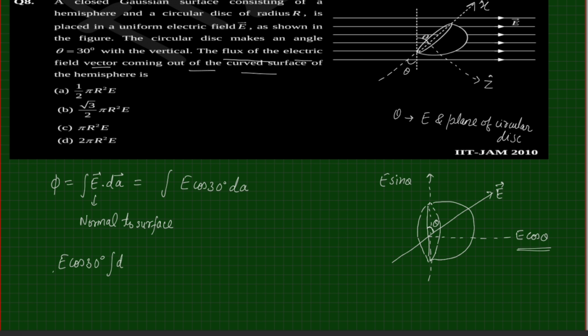So integration dA is the total area of the circular aperture, which is pi r square. So cos 30 is root 3 by 2, so that is root 3 by 2 E pi r square. So B is the correct option.